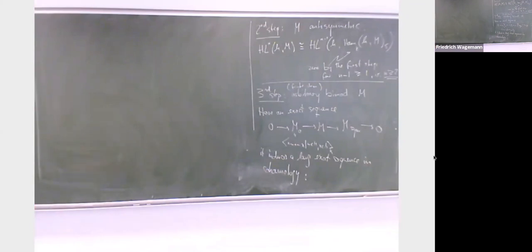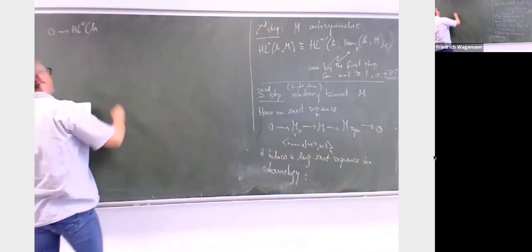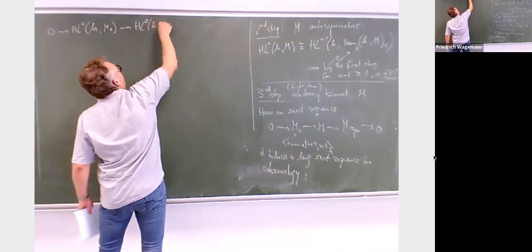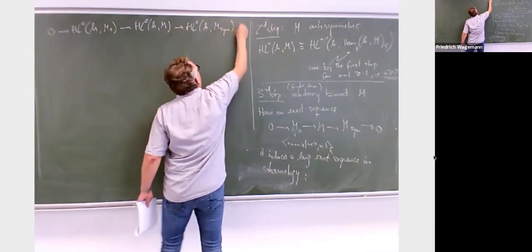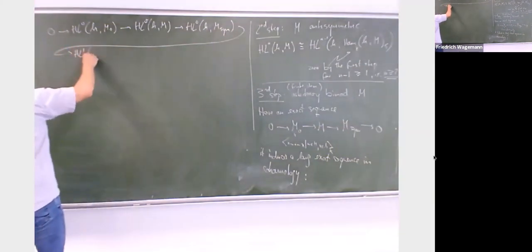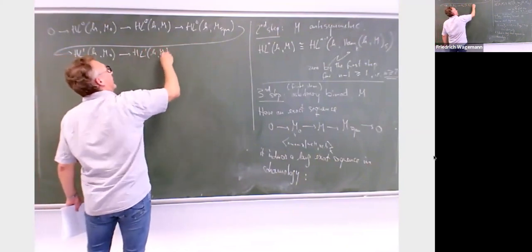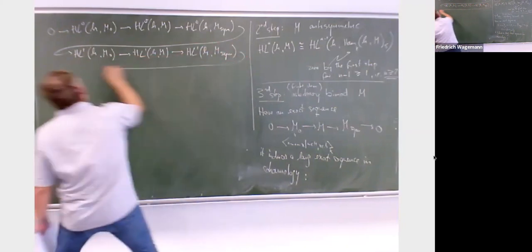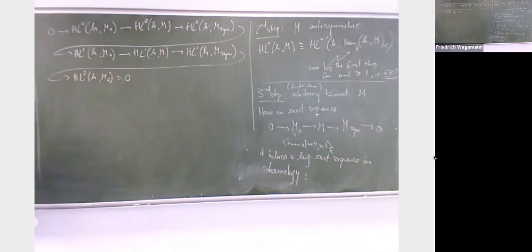So the exact sequence goes like 0 goes to H0 of H with M0, and then M_sym, then the degree 2 term H^2(H, M0), and 0, which is then already 0.